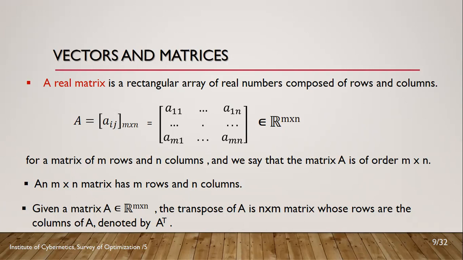So if our original matrix was m by n, then the transposed one is going to be n by m. And it is denoted using a capital letter T as an upper index. So it is denoted this way.